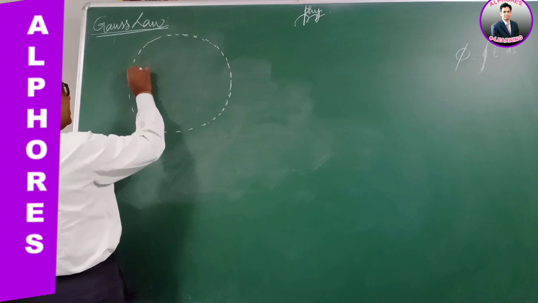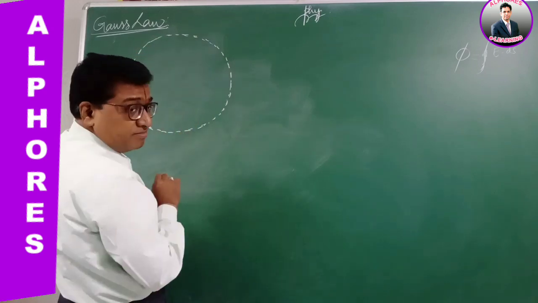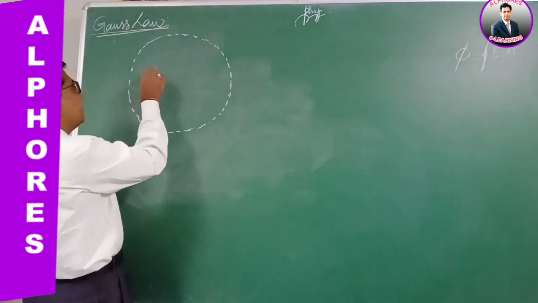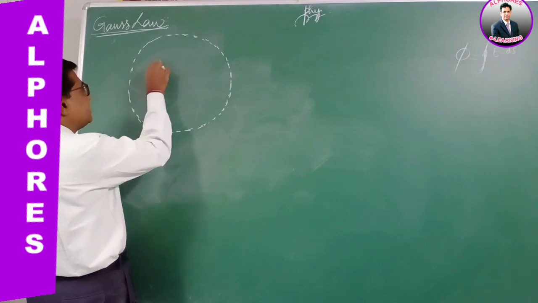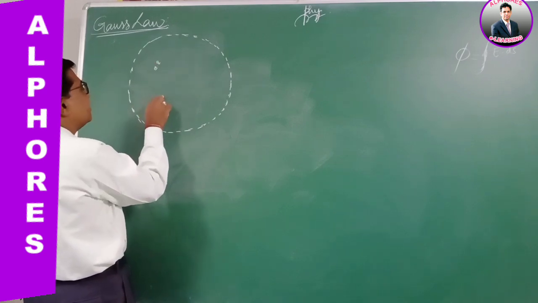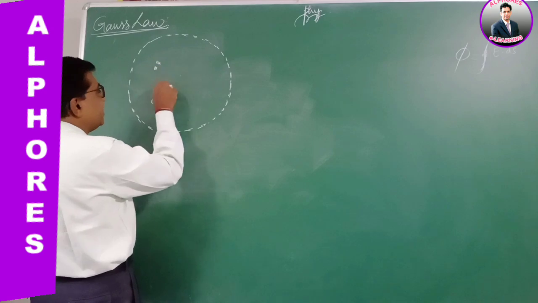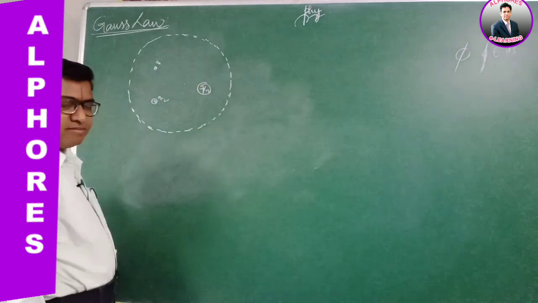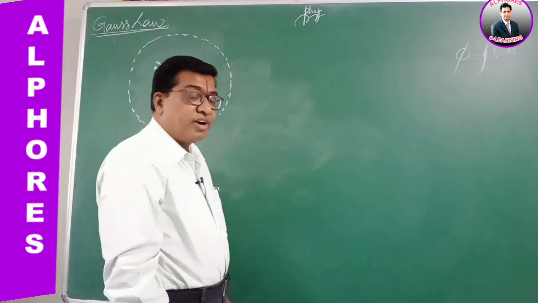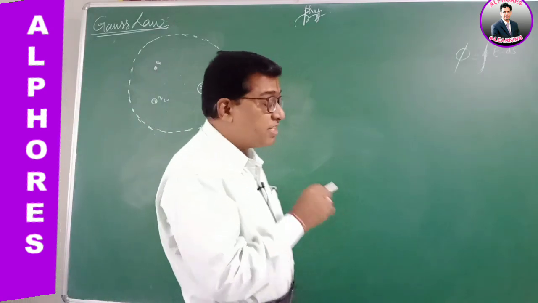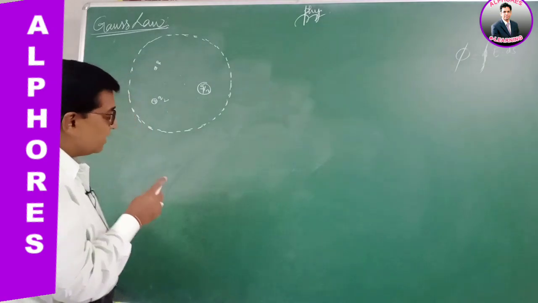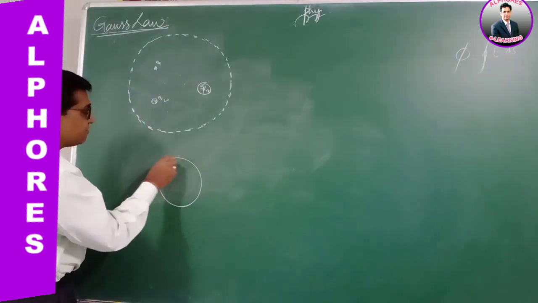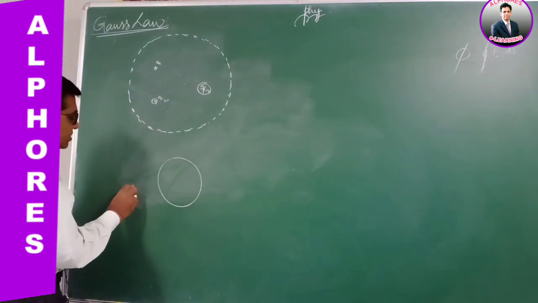If I imagine a Gaussian surface like this, let us consider some charges Q1, Q2, Q3 existing inside this Gaussian surface. Then, according to Gauss law, as I was telling you in the previous session, suppose I imagine a surface like this and the charge is outside the surface.